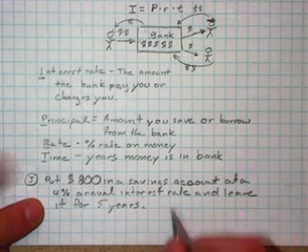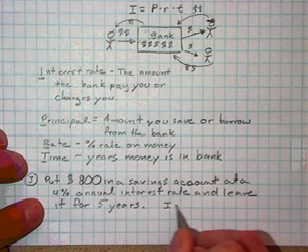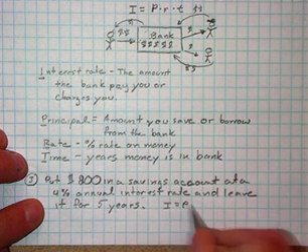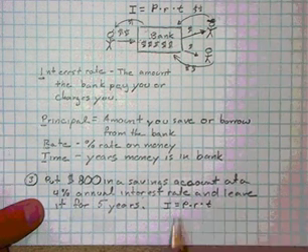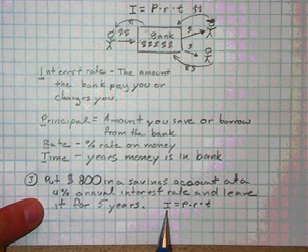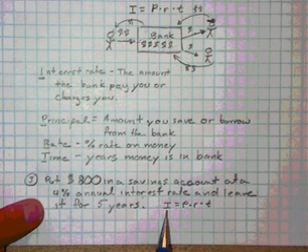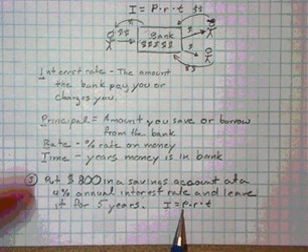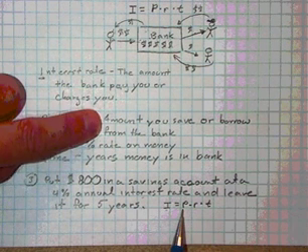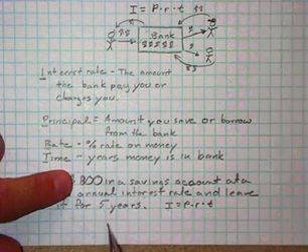In order to figure it out, we're going to use our interest equals our principal times our rate times our time. The interest is what we're trying to figure out. We're trying to figure out how much the bank is going to pay us back. So we take the principal, which is the amount we save or borrow. So we saved $800.